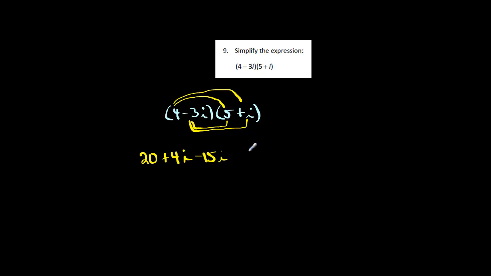Negative 3i times i is negative 3i squared, which is positive 3, because the i squared changes the sign of the term in front of it. Not the term in front of it, but the coefficient in front. 20 plus 3 is 23. 4i minus 15i is negative 11i.